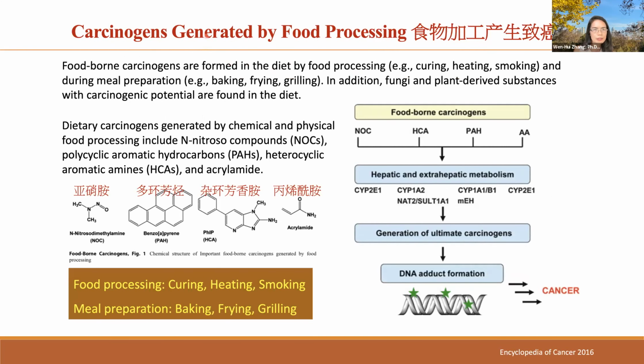The carcinogens generated during food processing, these are like nitrous compounds, PAHs and HCAs. These are the polycyclic aromatic hydrocarbons. And HCA is a heterocyclic aromatic amine. So those all have this aromatic ring.